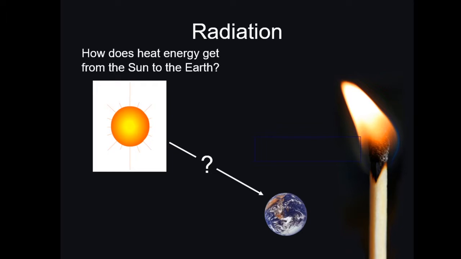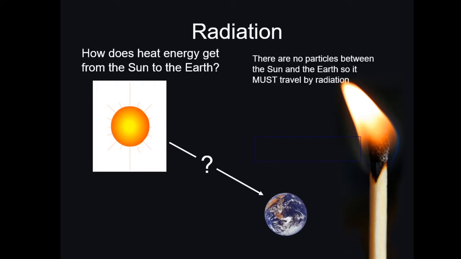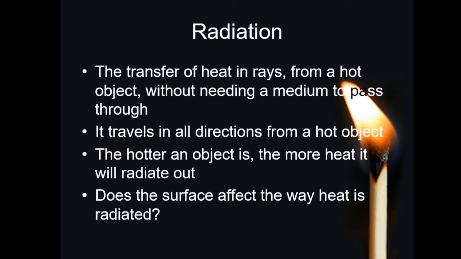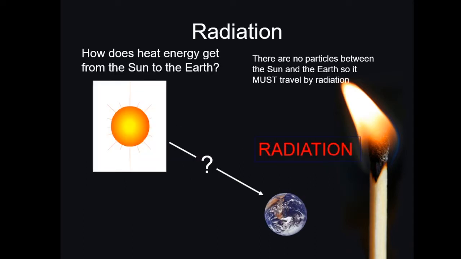So how does the heat of the sun get to Earth? It's a mystery, right? It's a great big mystery. There are no particles between the sun and the earth, so it must travel by radiation, right? Radiation is just the transfer of heat in rays from a hot object without needing a medium to pass through.